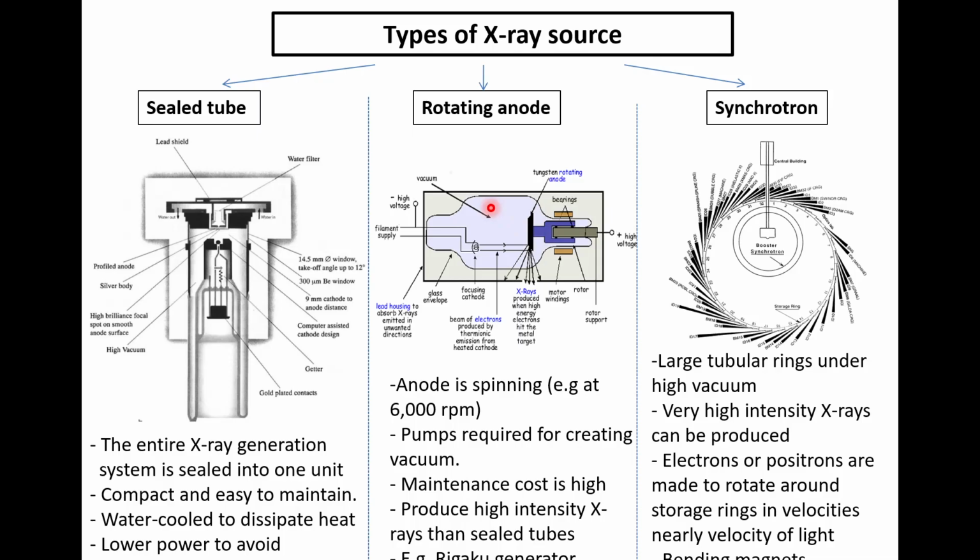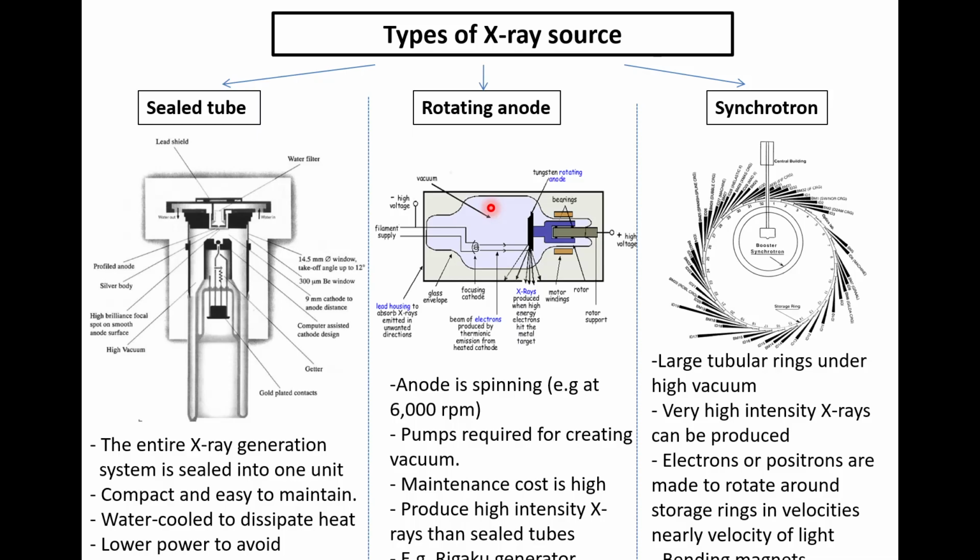So you should always have a fine alignment between the cathode, where the electrons are coming from, and the rotating anode. So you need to always check that alignment. When that alignment is getting distorted, you need to bring back the original alignment, so that you can get high intensity X-rays as compared to the sealed tube.